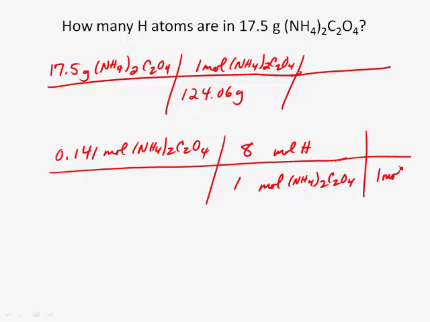So I have one more step. 1 mole of hydrogen is going to be 6.02 times 10 to the 23rd atoms, so I have to convert that to atoms. So times 8 times 6.02 times 10 to the 23rd, and I get 6.8 times 10 to the 23rd hydrogen atoms.